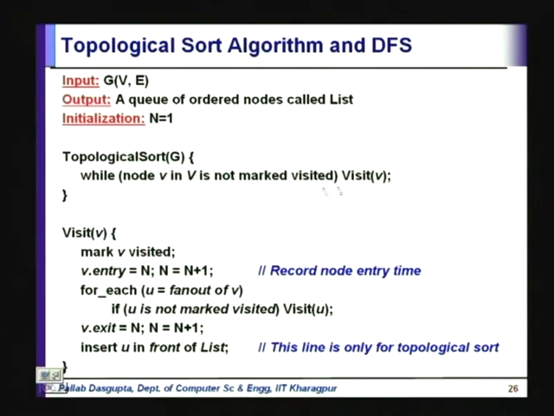Now, you see here, when we look for node V which is not marked visited, we are not necessarily looking for nodes which have in degree 0. We are not necessarily doing that.